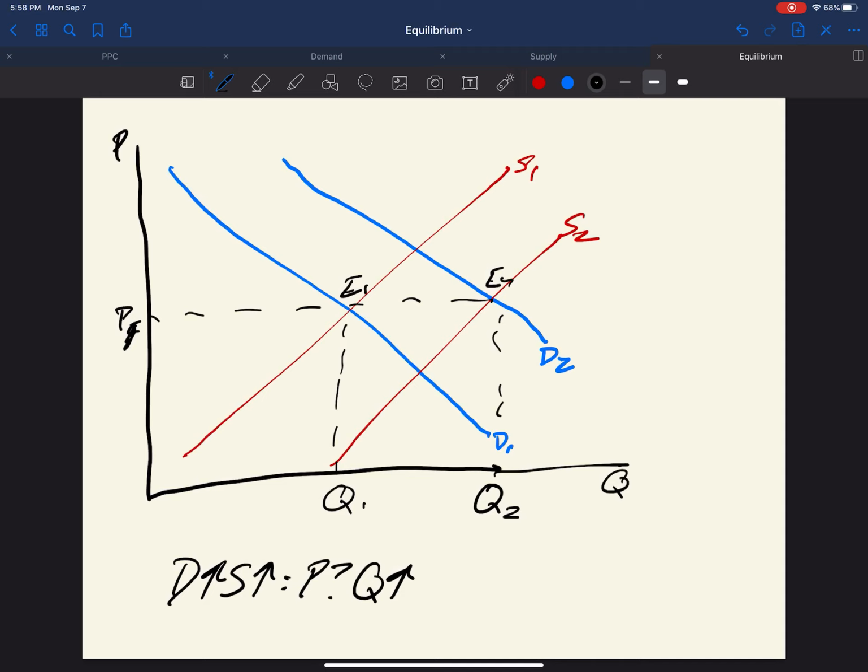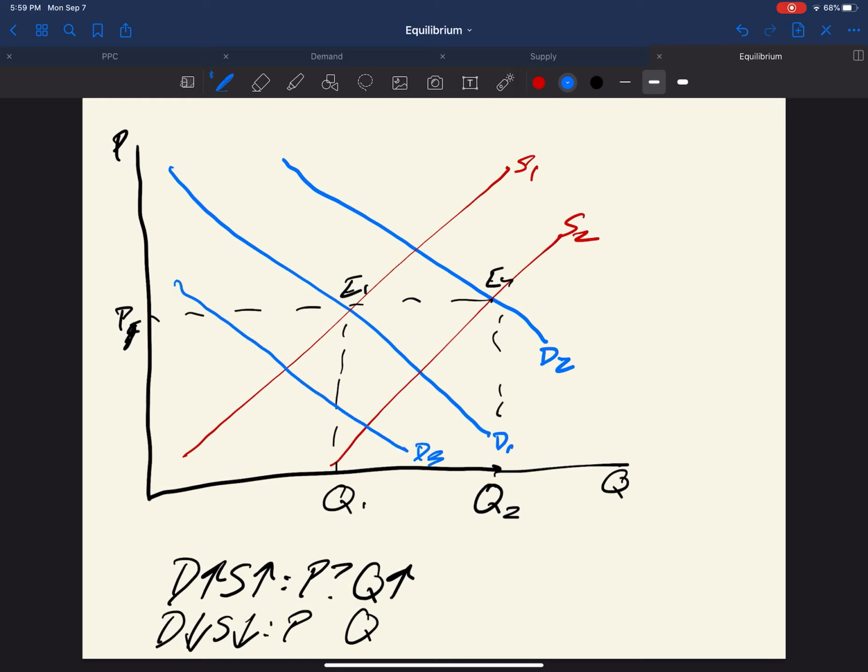Now, here's the thing. You now have enough information to solve the opposite. Demand decreases, supply is also going to decrease. What's going to happen to price and quantity? Well, draw it out and keep it equidistant.